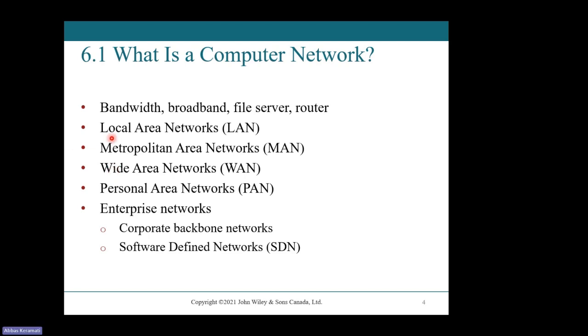If it includes even more buildings and more infrastructure of a city, then it's called a metropolitan area network. For example, the TTC and GO stations and different city infrastructure are connected through a network, and this network is called a metropolitan area network, with the abbreviation MAN.